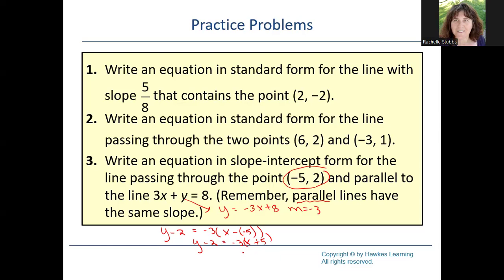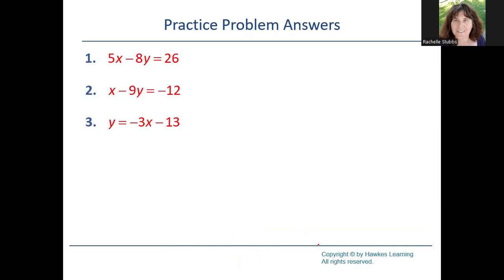Then if I distribute that, negative 3x minus 15. I'm going to add 2 to each side, and I end up with y equals a negative 3x minus 13. And that should be my answer. And that's what we got right there.